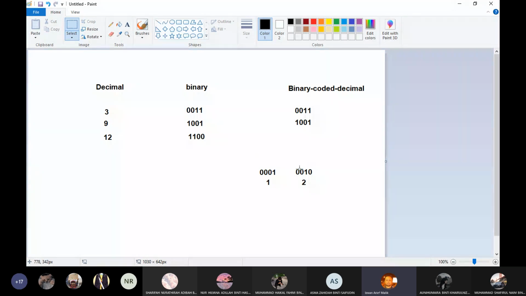Okay. So it will not count this as 16 plus 2, 18. No. This is 1, 2. So, for binary coded decimal, it can only be represented from 0 up until 9 only.